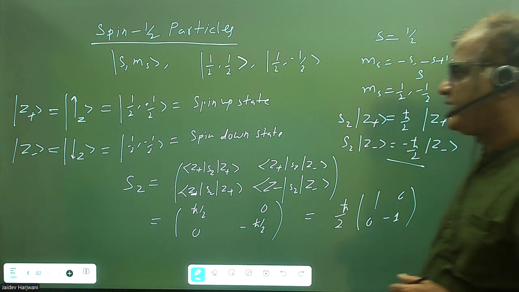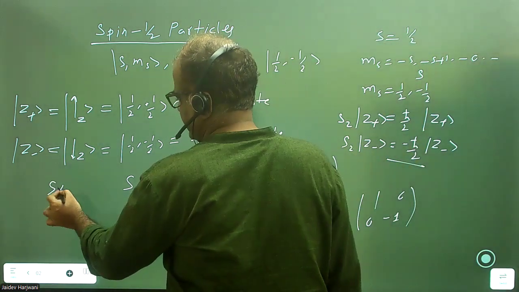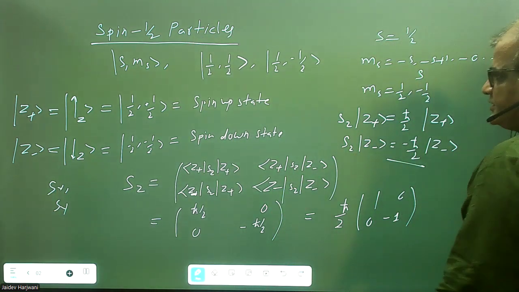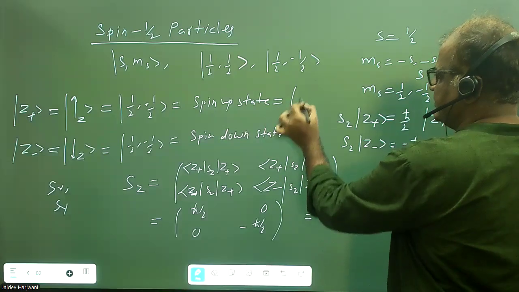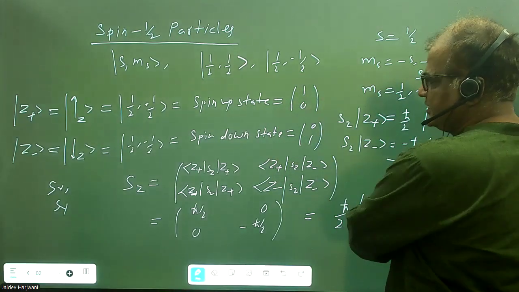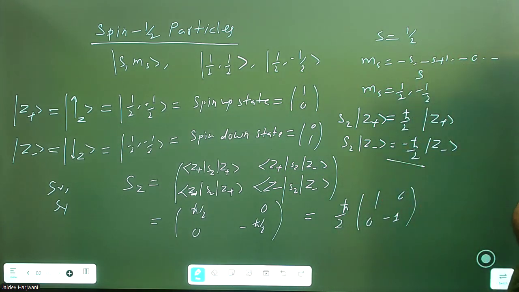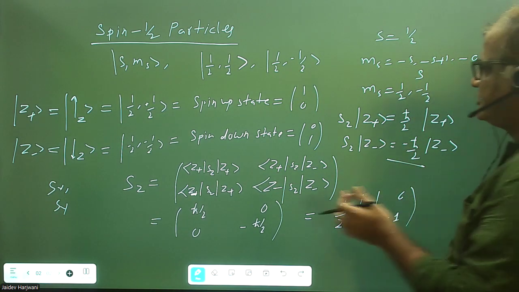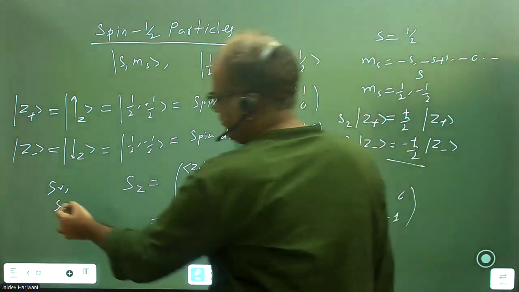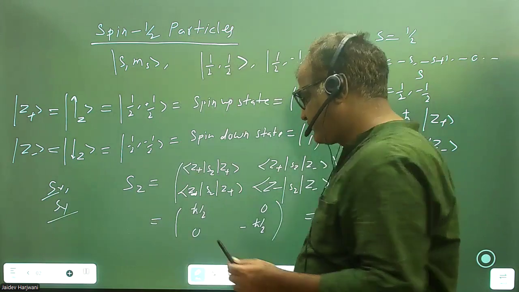Similarly, I now want to find Sx and Sy. So these states are also represented by (1 0) and (0 1). Now let us write the representation of Sx and Sy in matrix form.